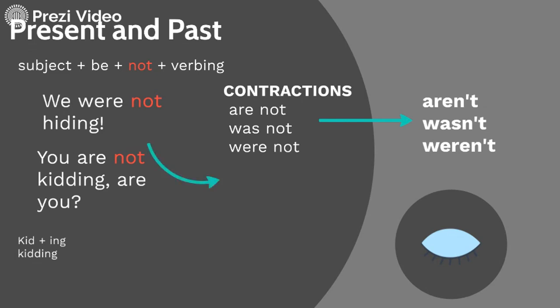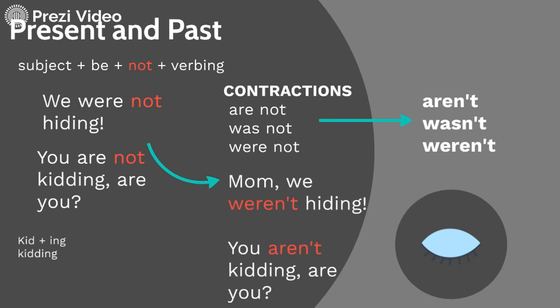So let's see how this works with these examples. Mom, we weren't hiding. Or, you aren't kidding, are you? That sounds even more natural, doesn't it? It sounds more like our regular speaking. I will note that you probably don't want to use contractions in formal academic writing. That's usually frowned upon.